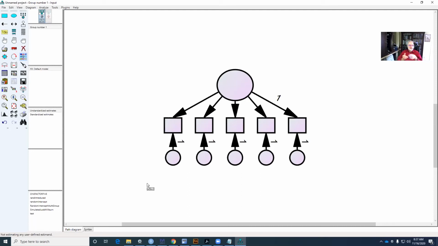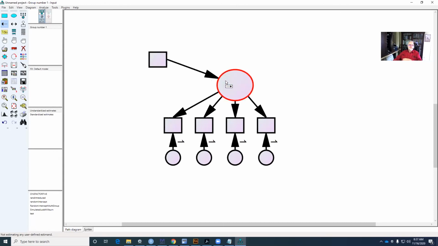So on any data set, you can run a single factor model and observe the chi-square, but you're also going to get exactly the same chi-square if you also take one of your variables and move it over here and draw an arrow from this to that, and then add an error variance onto that. So this is an example of the equivalence question in structural equation modeling.